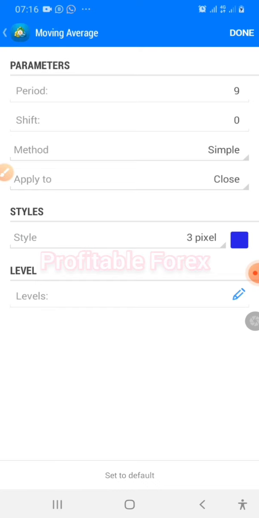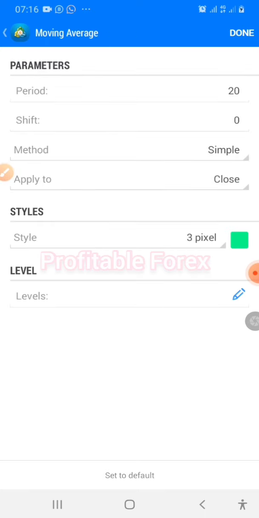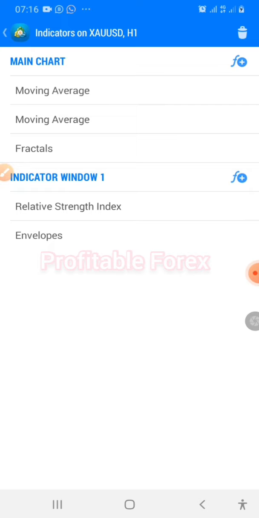Of course, you can use any color of your choice, and you click on done. The second moving average is period 20, shift 0, method simple, apply to close, style 3 pixel, and the color is green. You can use any color of your choice, and you click on done.